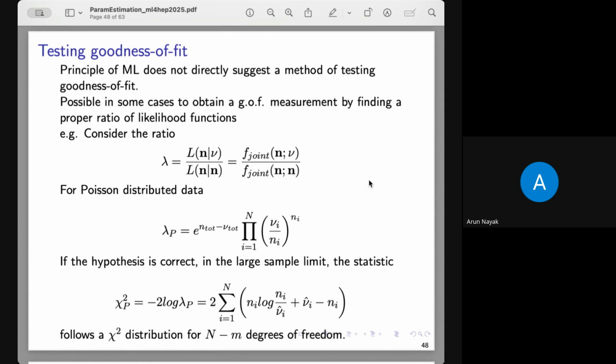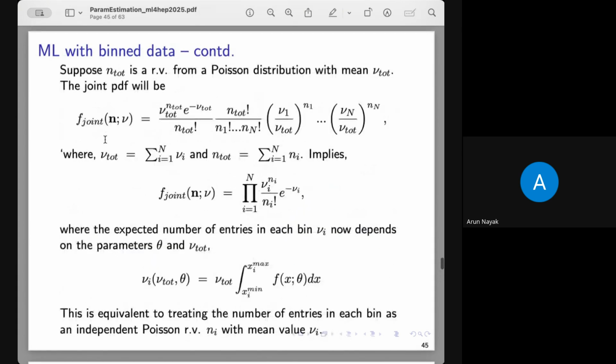If you just take the log likelihood or minus 2 log likelihood, that doesn't have a functional distribution itself. But in some cases, it is possible to obtain a goodness of fit measurement by finding a proper ratio of likelihood functions.